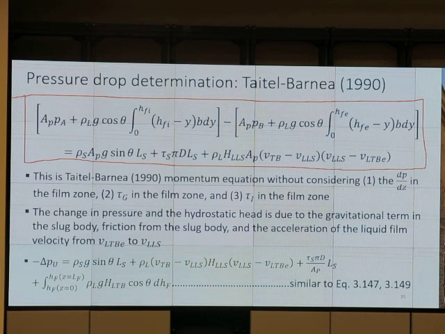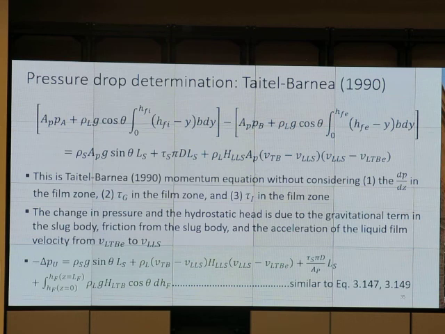So this is a little bit different subject. But when I actually go into the paper, they show this equation. Okay. This equation, when I look at it, is the Taitel-Barnea momentum balance without considering dPdZ in the film zone and tau G in the film zone and tau I in the film zone. So it's exactly the same thing that we are looking at. Okay, same thing. Okay.